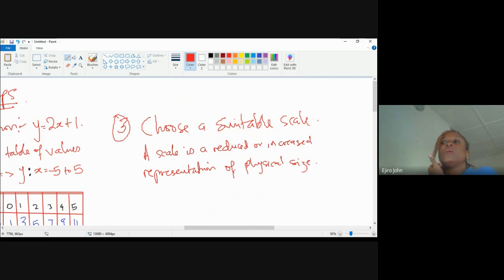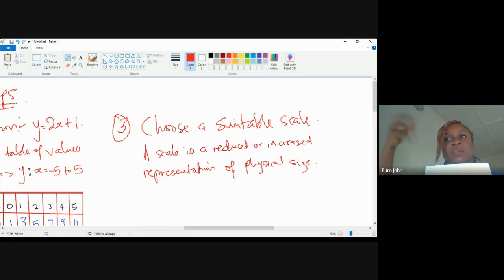So what if in our table we have something like 1,000 kilometers or 100 meters, and your graph sheet is not bigger than 15 centimeters, a small sheet of A4 paper?